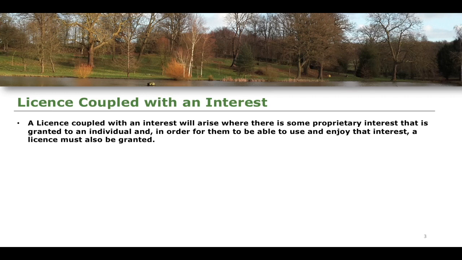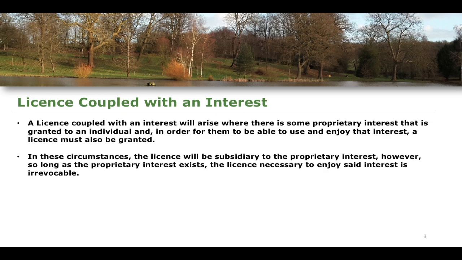So the point here is that the license arises out of some other interest which is likely to be proprietary in nature. In these circumstances, therefore, the license will represent a subsidiary interest to the proprietary right.